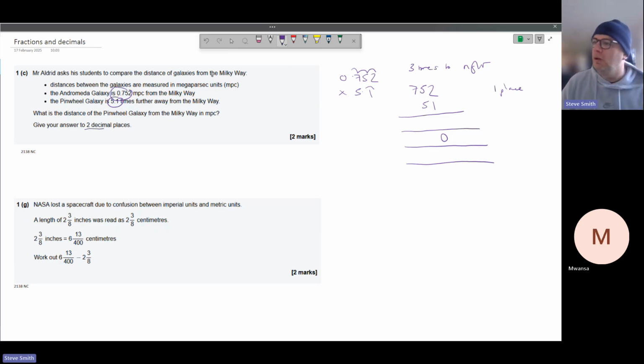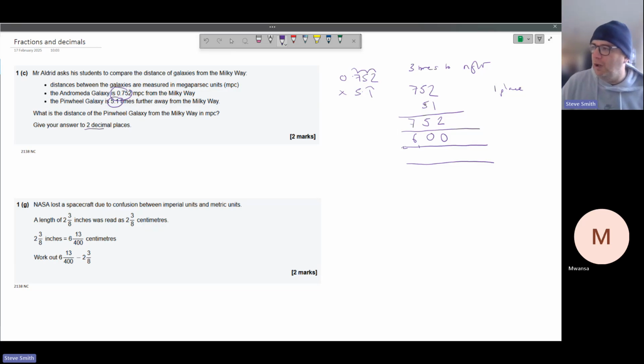If we work it out like that and then put the decimal places back in, I forget about megaparsecs, Milky Ways, galaxies, pinwheels. I'm just doing the math, and so it becomes a straightforward 2 times 1, 5 times 1, 7 times 1, and then we put the 0 there because we're timesing by tens. 2 times 5 is 10. 5 times 5 is 25, add our spare, 26.